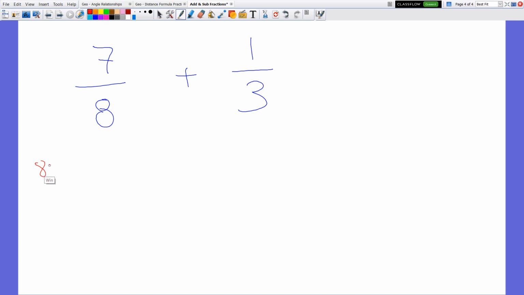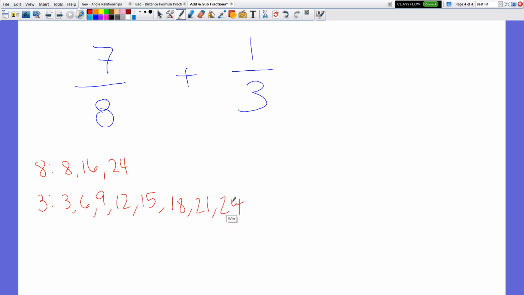So 8 and 3. Just count by 8s. 8, 16, 24. All right, whenever we are starting to count by the big number, you know you're going to count by the smaller number more. So let's not count as many for the big number and count more for the small number. 3, 6, 9, 12, 15, 18, 21, 24.